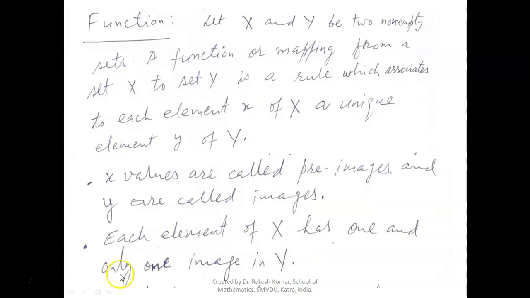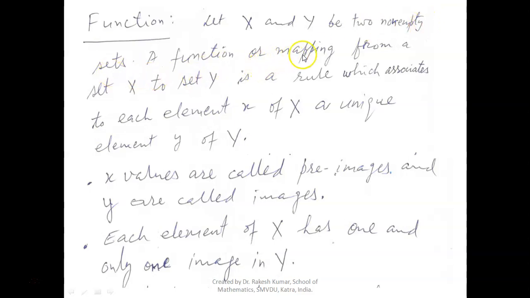Okay. Now, before moving further, let us first recap what a function is. You have studied it earlier, so let us recap. Let X and Y be two non-empty sets.